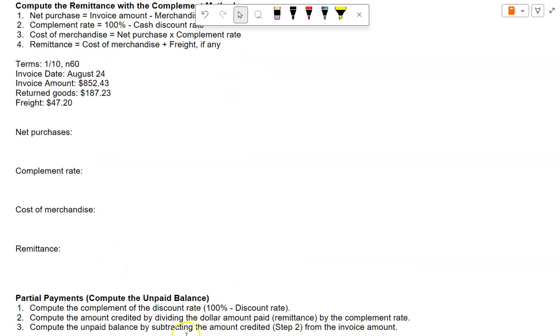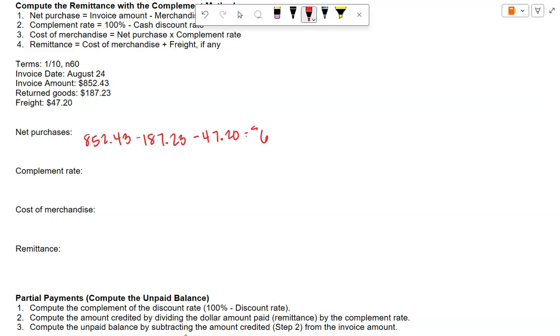So I'm calculating my net purchases the same way, and that's by taking my original invoice amount and subtracting any returned goods and freight charges.